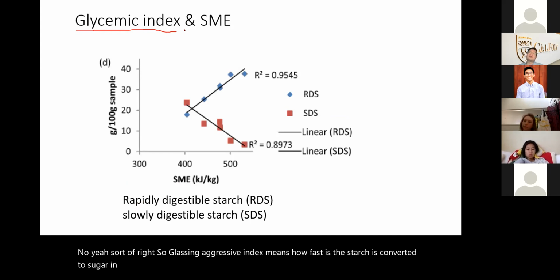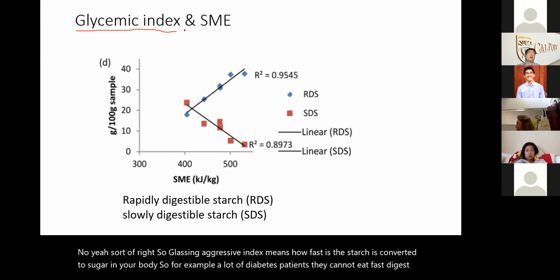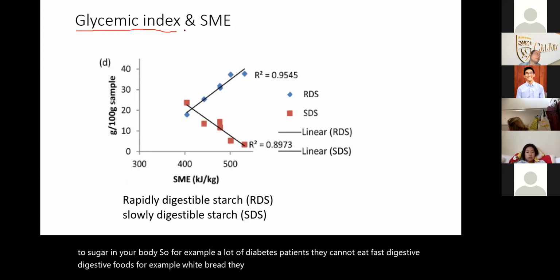For example, a lot of diabetes patients cannot eat fast-digested foods, for example white bread. They probably have to go with those fiber-rich breads or something related to resistant starch.